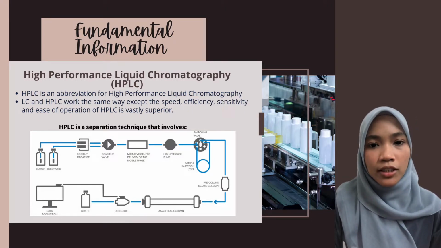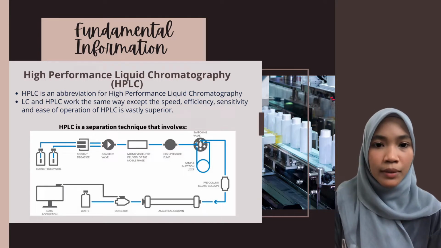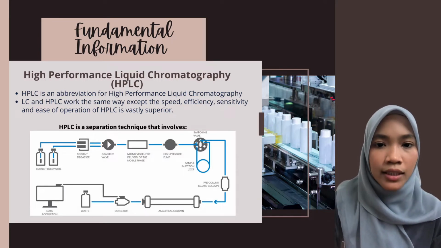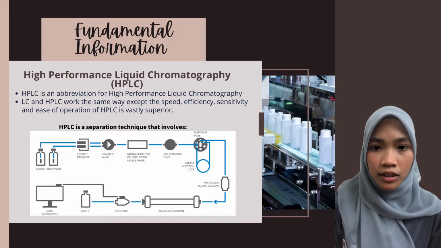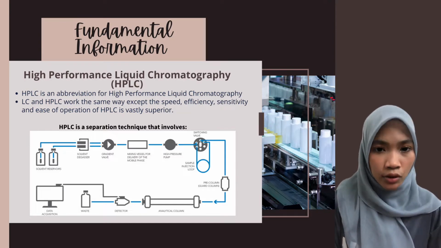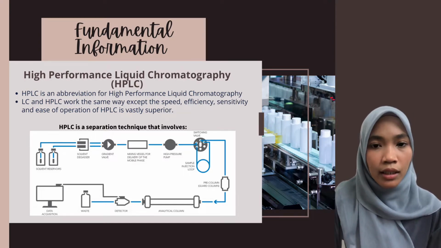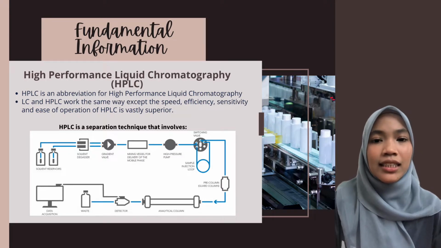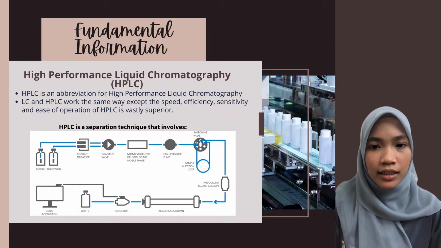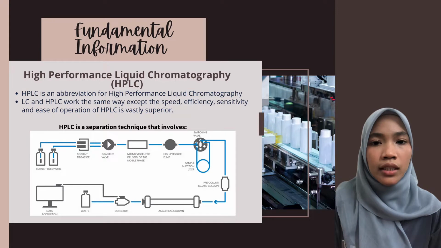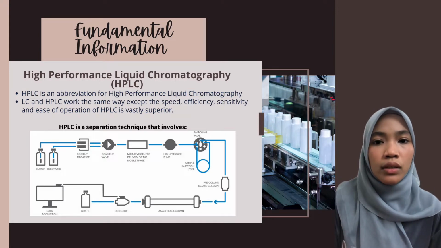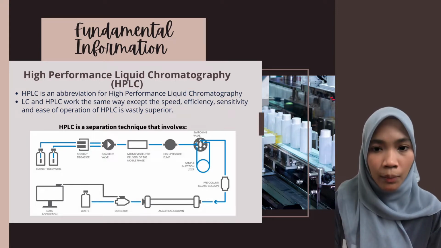These components are separated from one another by the column packing that involves various chemical or physical interactions between their molecules and the packing particles. These separated components are detected at the exit of this column by a flow detector that measures their amount.